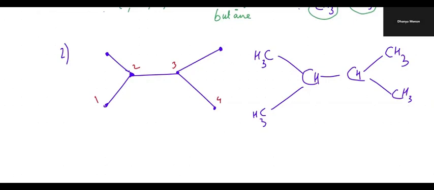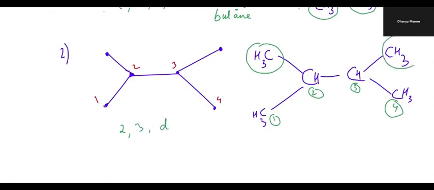So this is the first carbon, second carbon, third carbon, fourth carbon. At the second position and the third position, there is a methyl group each. So dimethyl, this is one methyl and this is one methyl. So dimethylbutane. 4 carbons, so butane. Okay.